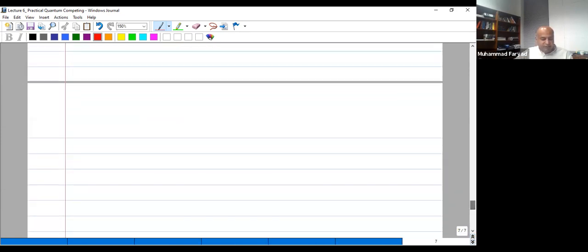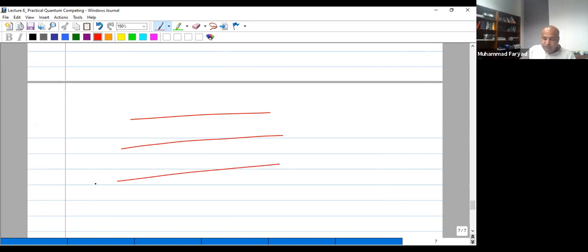Okay, let me give you another example. Suppose that you want to work out a function like this. Okay, instead of this, let me give you a circuit, and then we can work out what it does. Suppose we have a circuit like this, that I have one CNOT here and one CNOT here.